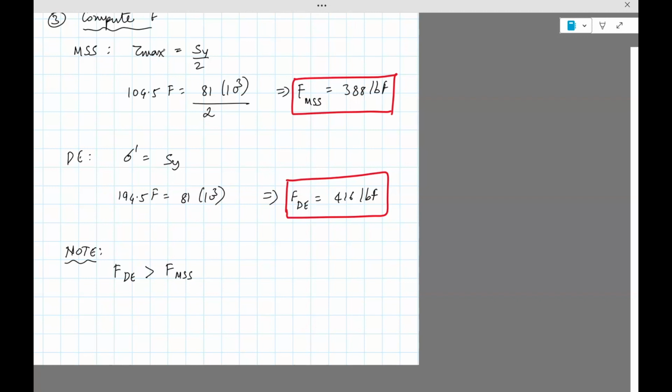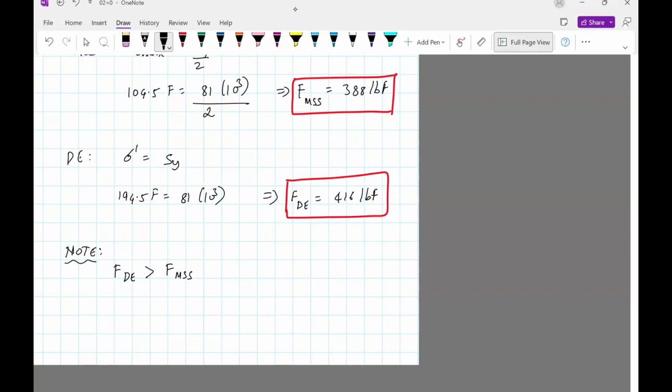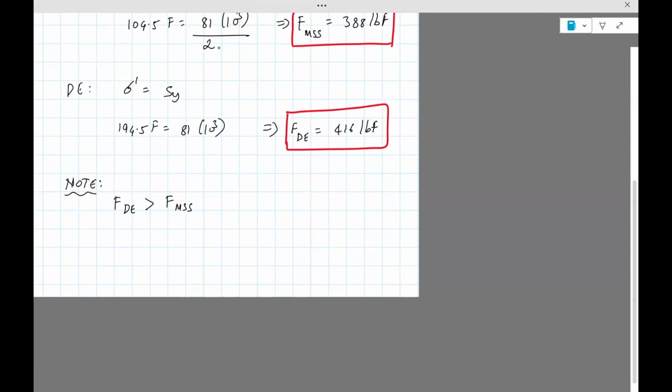It's saying don't go beyond 388, but DE is telling you to go up to 416, which means that if the material behaved like DE, you would be able to apply more load, so it would be less conservative. So this means MSS is more conservative than DE.